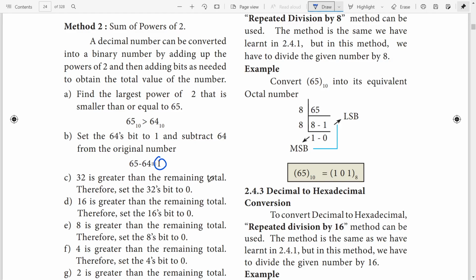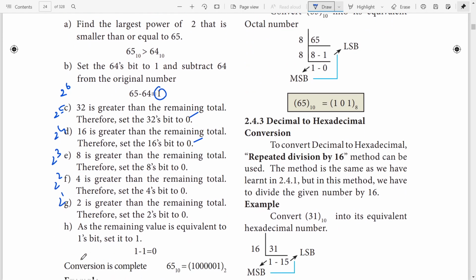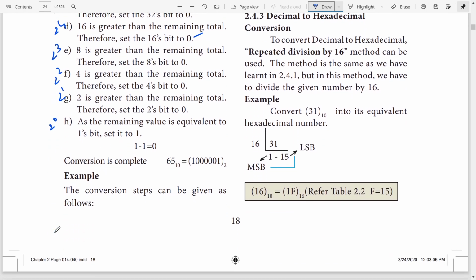Next, 32 is greater than the remaining total. 2 power 5 is 32, and that leaves the remainder 0. 2 power 4, 16, leaves the remainder 0; then 2 power 3, 2 power 2, 2 power 1, and finally 2 power 0, which gives the value 1. The conversion is 1 0 0 0 0 0 1.